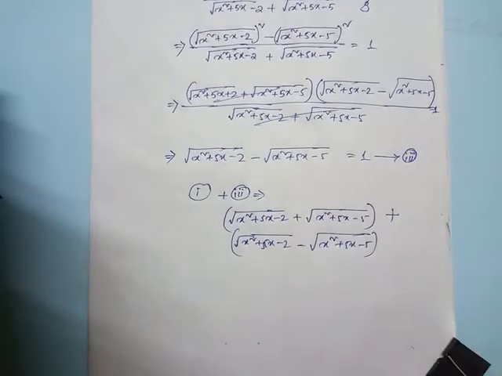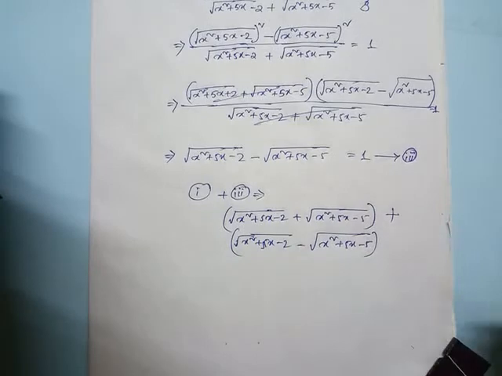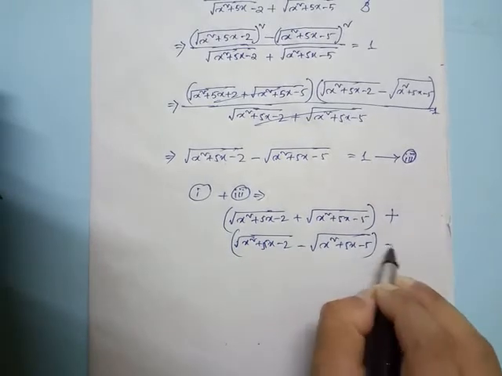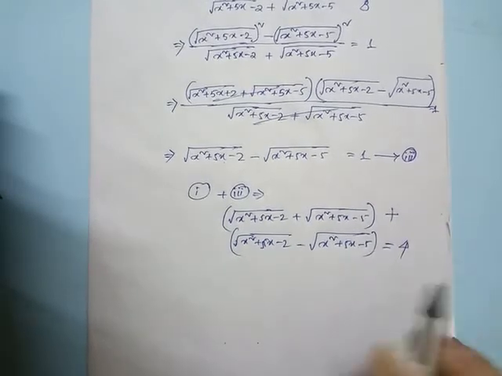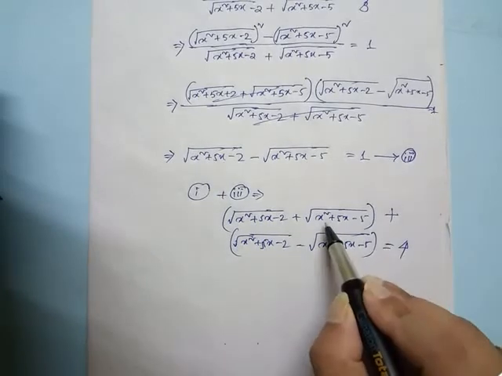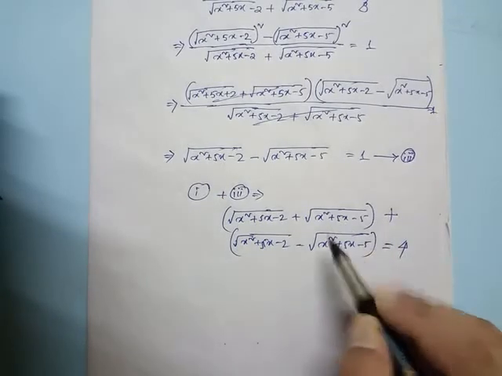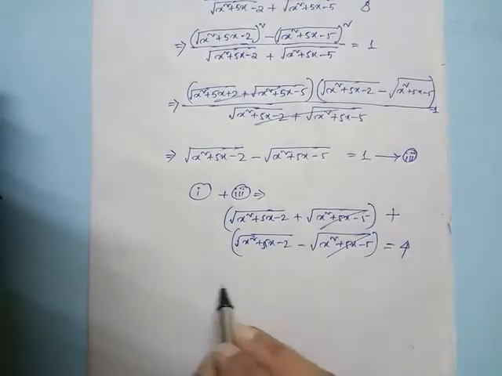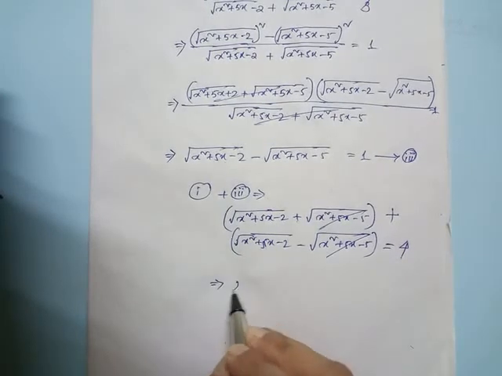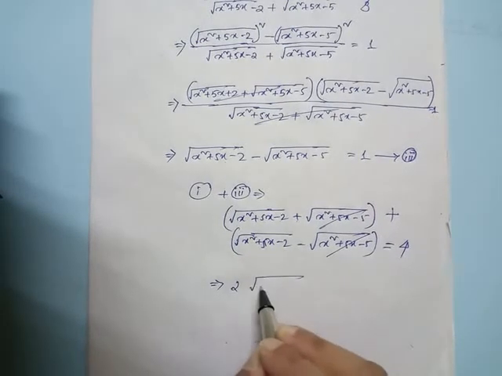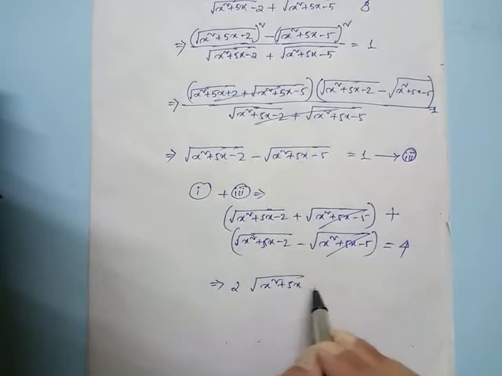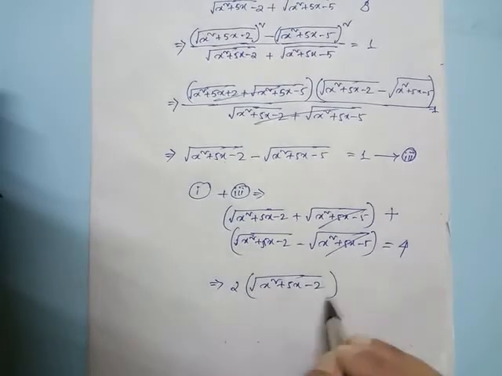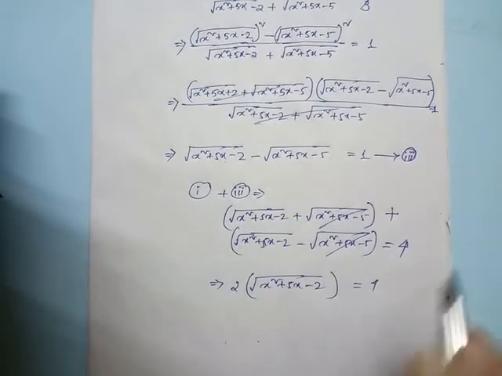This is equation number 3, and equal to 3 plus 1, 4. Now look student, x square plus 5x minus 5, and here plus and minus cancel. So the remaining part would be 2 root over x square plus 5x minus 2 here, and this will remain 4.